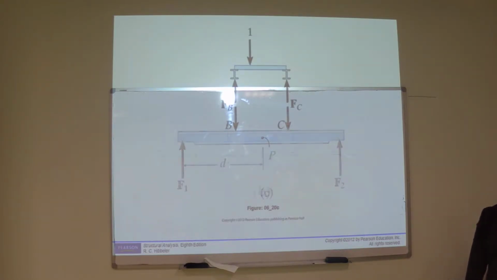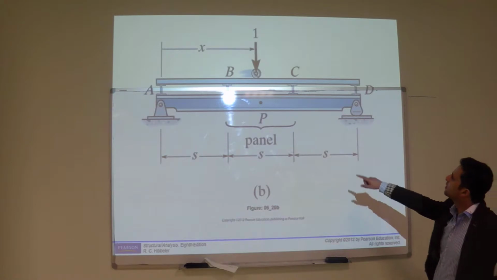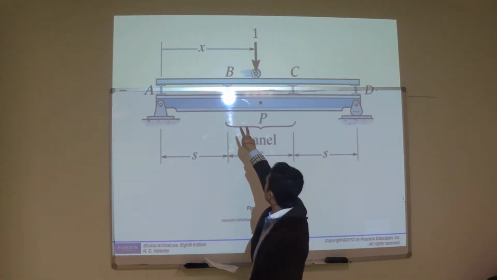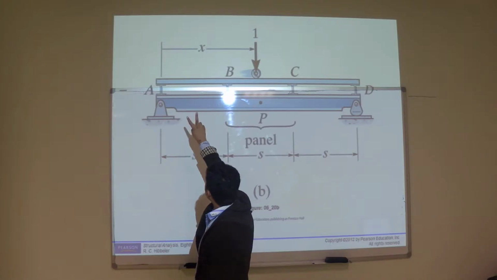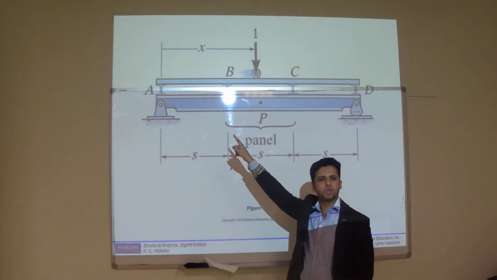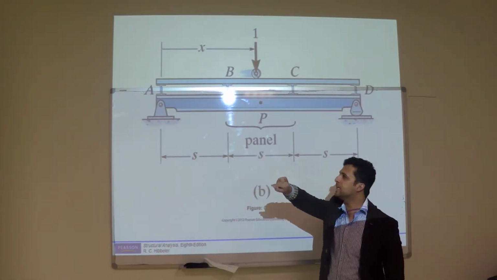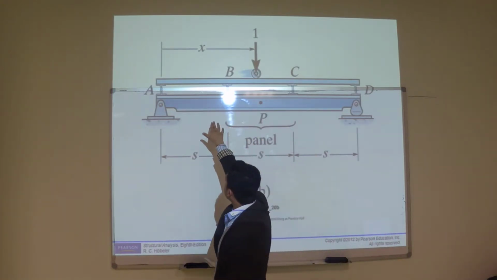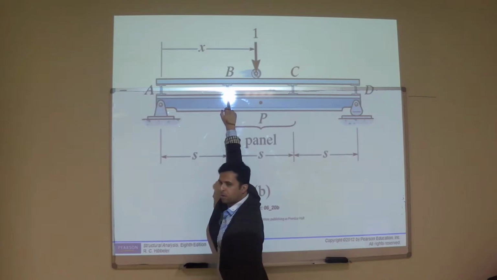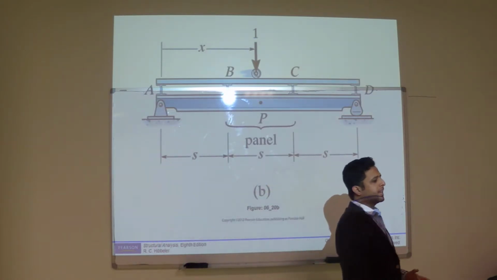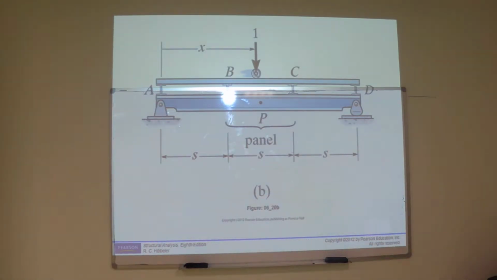For example, if this load is on panel AB, the reaction will be transferred from this point and this point. So the load is actually coming from point A to point B.